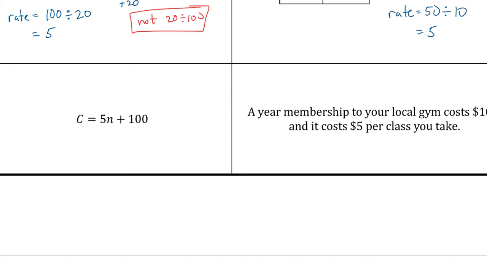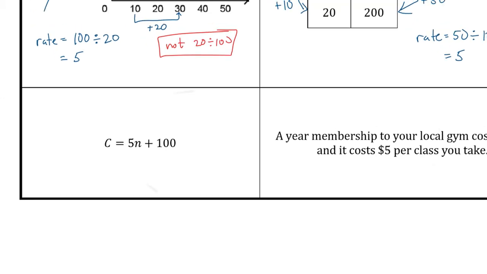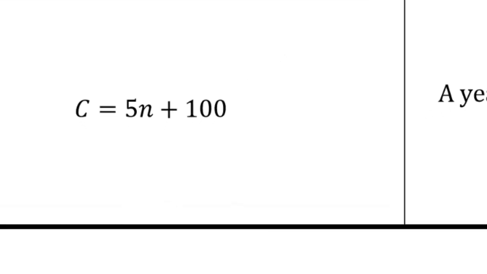Okay, in the last two parts of this, we talked about from an equation from the initial, and we talked about how the initial value is the one without a number or a variable beside it. So that means the rate is the number with a variable beside it. And we talked about why, because n can be 0, 1, 2, 3, 5, 100. It can be like n can be anything, right?